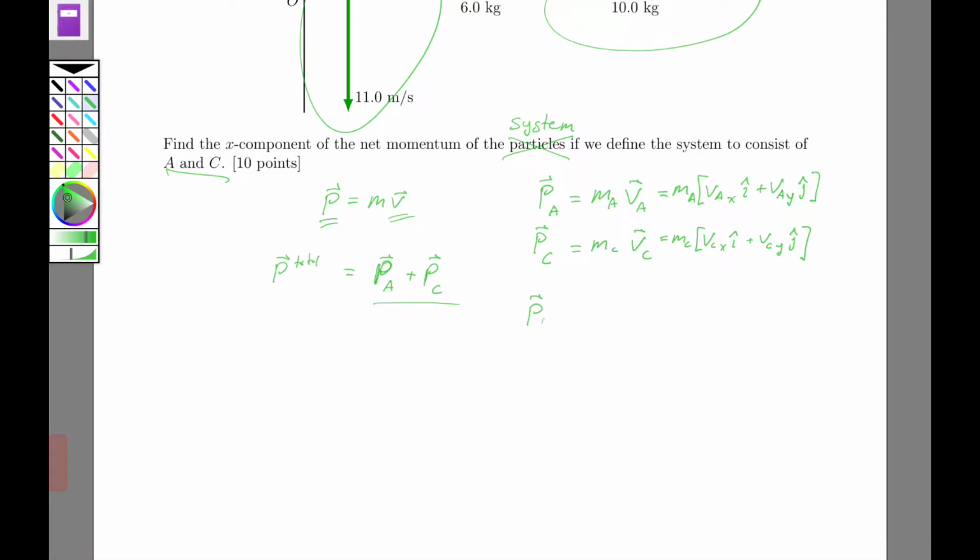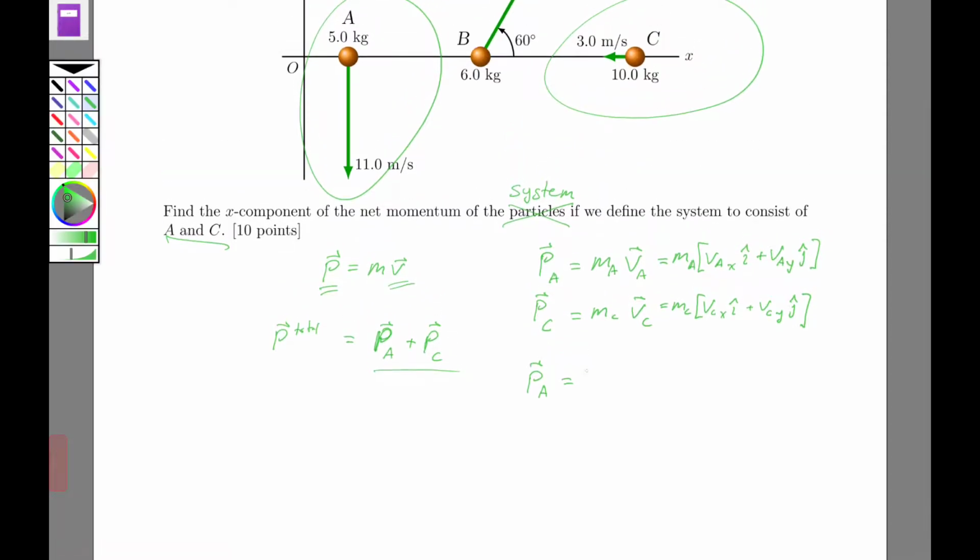So what actually is the momentum of A? Well, it's the 5 kilograms, and I'll put in the units so you can keep track of these numbers. The velocity component AX is 0. So 0 I-hat plus the velocity component of A in the y direction, that's negative 11 meters per second, j-hat.